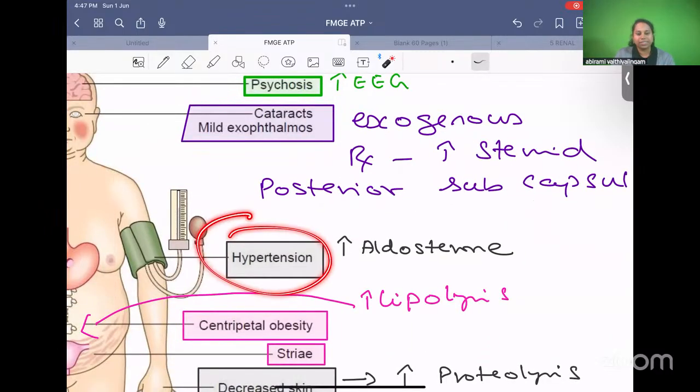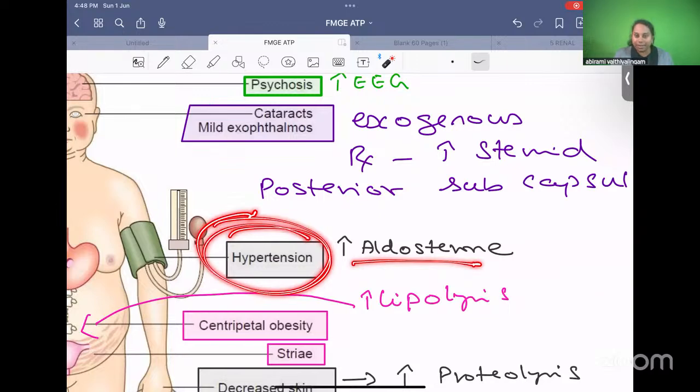Cushing syndrome patients have hypertension because whenever the adrenal gland is stimulated to produce cortisol, another hormone from the adrenal gland, aldosterone, is also released. What is the function of aldosterone? Salt hormone, salt reabsorption. The more you reabsorb salt, blood pressure will rise.